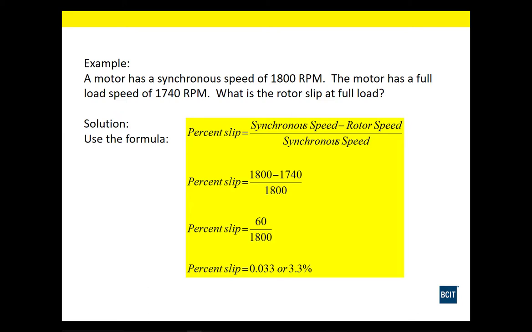Divide that by the 1800 and it gives us 0.033 or 3.3% slip. Okay, that's our percent slip. The slip speed is the 60 RPM. The slip speed is the difference between synchronous speed and rotor speed.